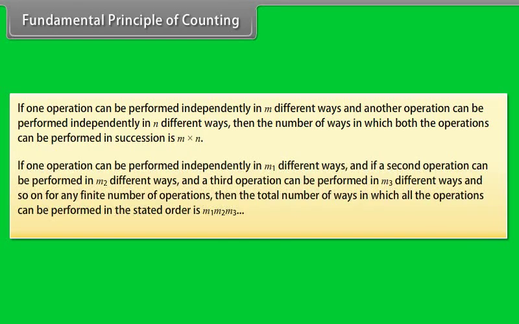If one operation can be performed independently in m1 different ways, a second operation in m2 different ways, and a third operation in m3 different ways, and so on, for any finite number of operations, then the total number of ways in which all the operations can be performed in the stated order is m1 into m2 into m3 and so on.